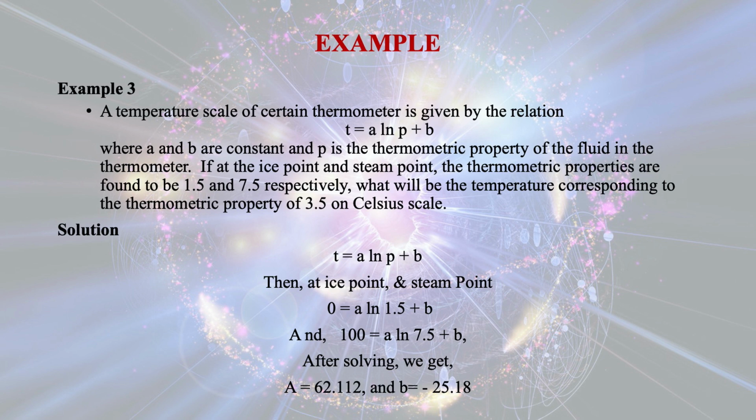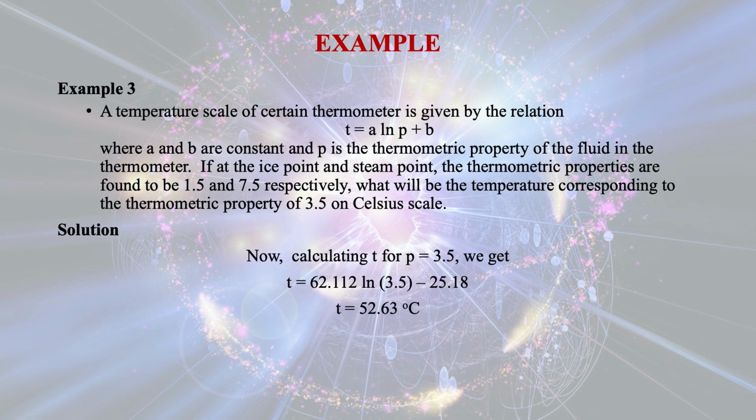We can just solve these equations for finding out the values of the constants A and B. If you solve these two equations, you will get the value of A is equal to 62.112 and B is equal to minus 25.18. Now for calculating T for P is equal to 3.5, how to get it?